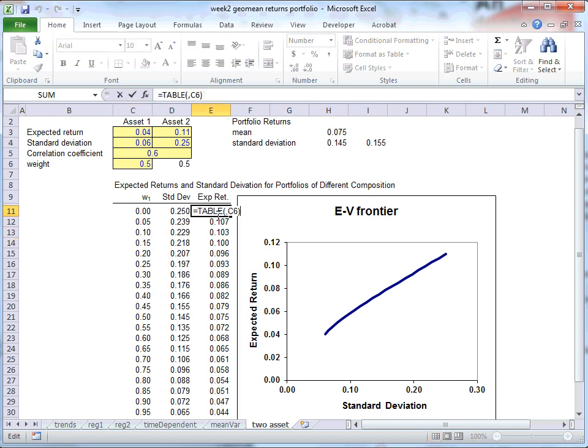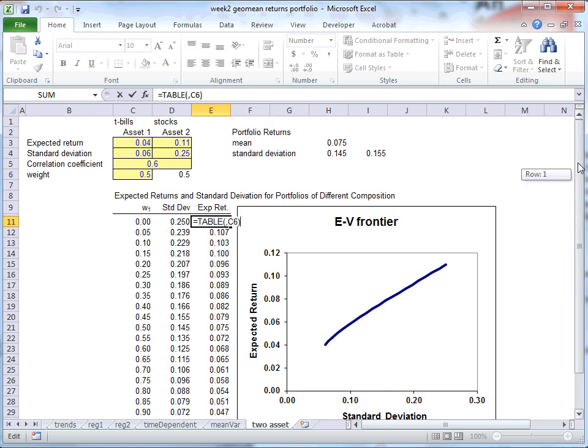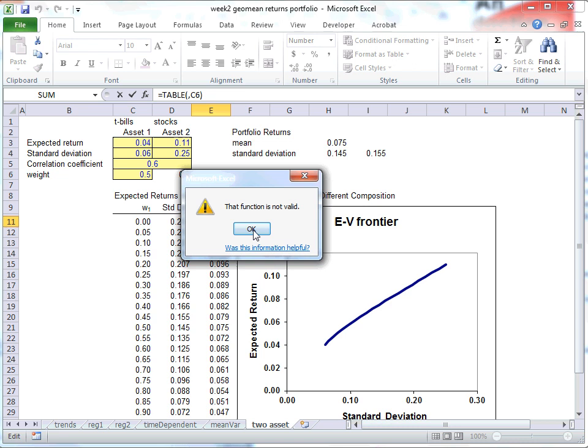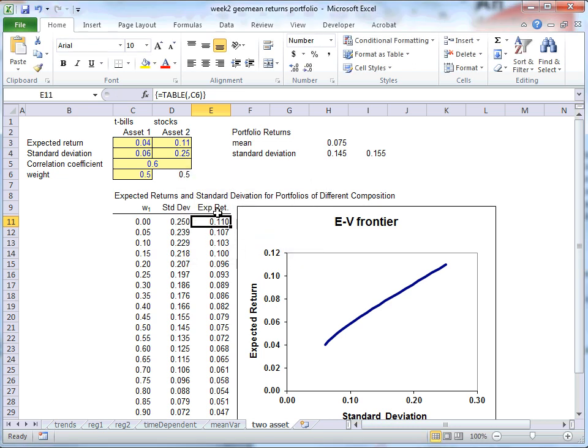Here is our expected return calculation, and I did this as a table, just calculating those. If you look at this, right here is the mean, here's the standard deviation. I created a table that did those calculations, but if you put 0 in here, you'll see that this will turn out to be 0.25 and 0.1.